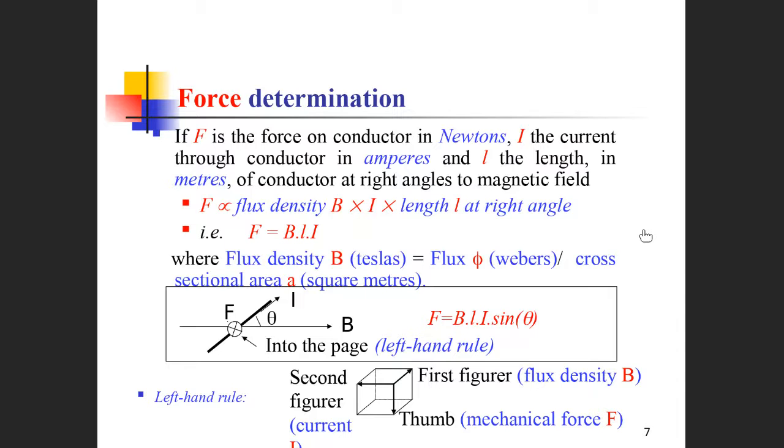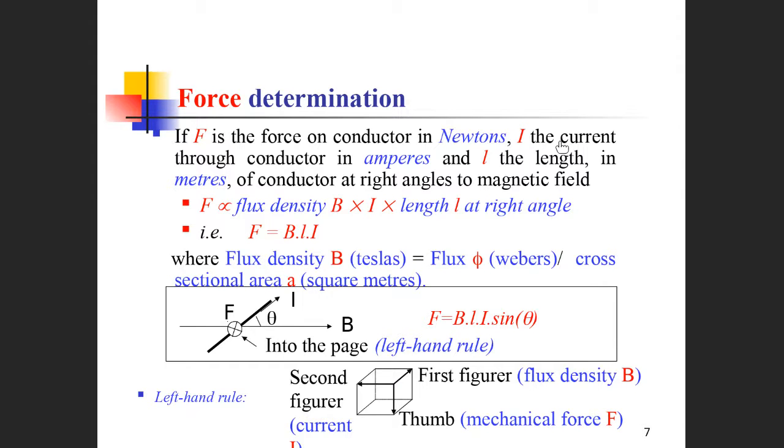Two conductors carrying currents interact and produce force, making the conductor move. Now we're looking at the direction of the force. F here is the force on the conductor in newtons, not kilograms.